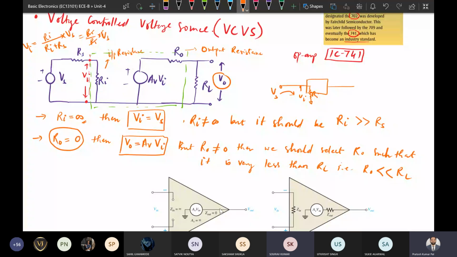Then whatever gain is obtained through this voltage amplifier, the same output voltage will appear across the load of the circuit. This is the basic concept behind R input and R output, that is, input resistance and output resistance.